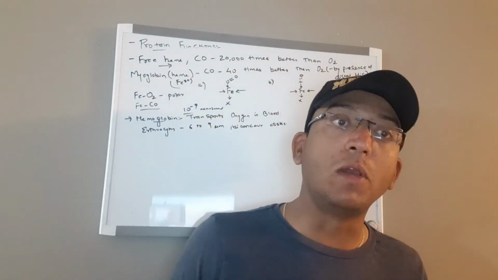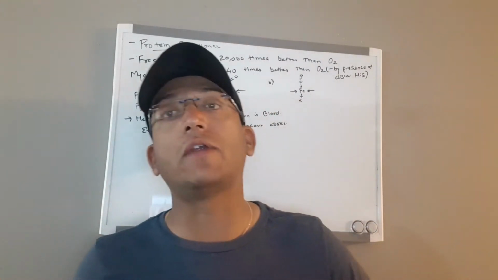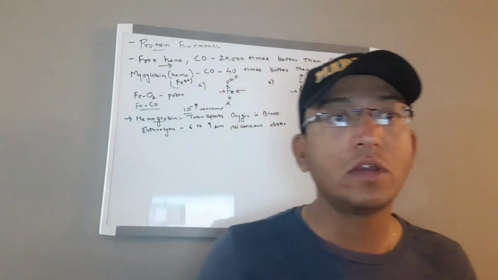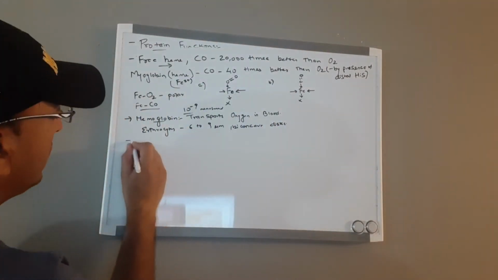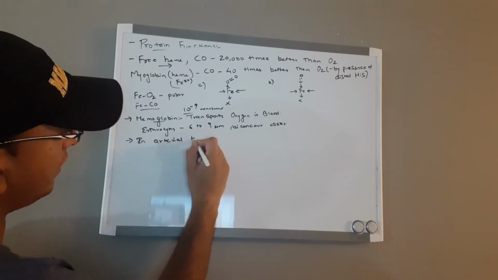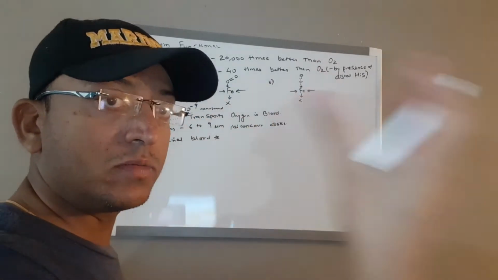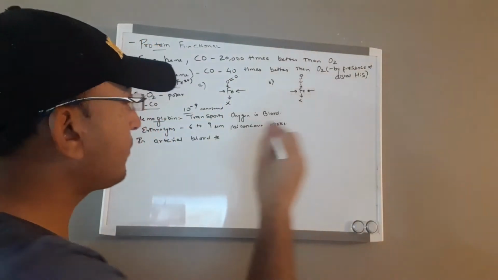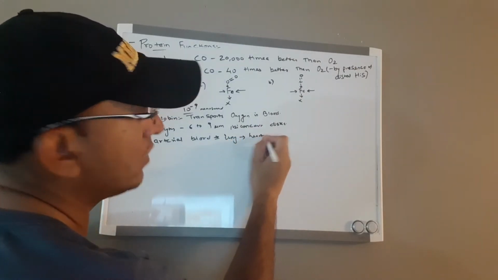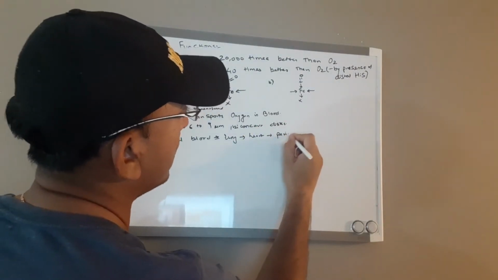The arterial blood passing from the lungs through the heart to the peripheral tissues is about 96% saturated with oxygen. All right, so I will write it down.